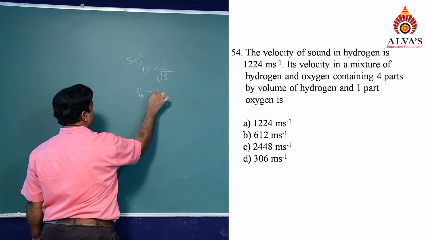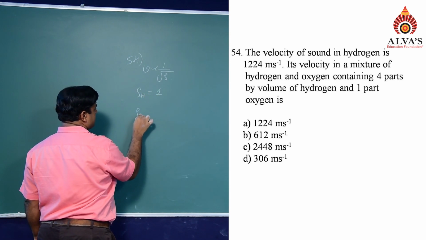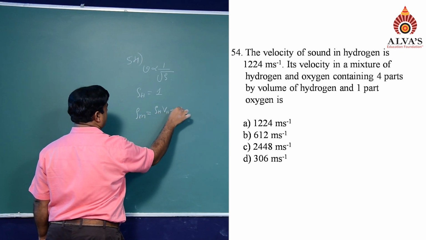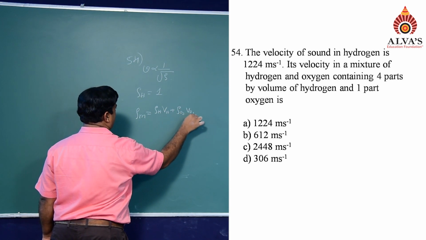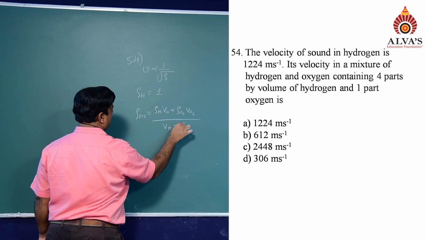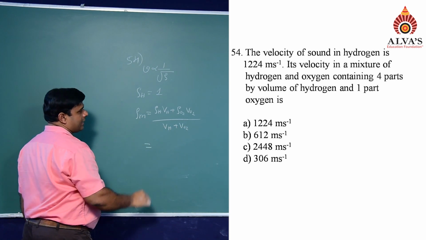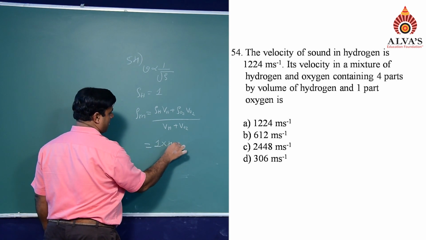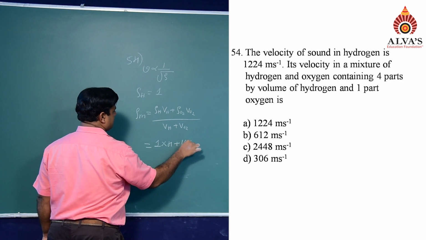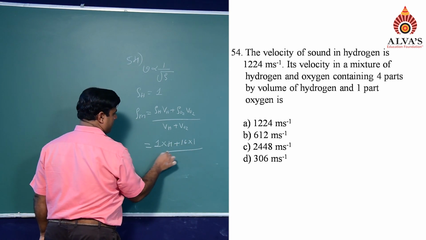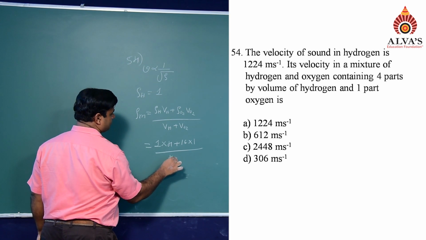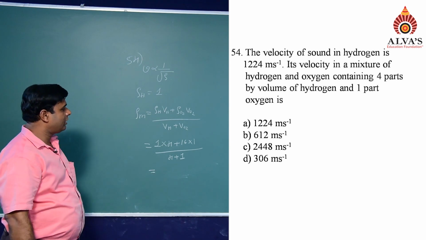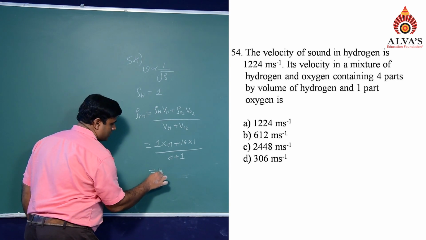Density of hydrogen is known, which is nothing but 1. Density of mixture is given by rho hydrogen V hydrogen plus rho oxygen V oxygen by V hydrogen plus V oxygen. Rho hydrogen is 1, volume of hydrogen is 4 parts. Rho oxygen is 16, volume is nothing but 1 part. V hydrogen 4, V oxygen is nothing but 1, which is 20 divided by 5, which is equal to 4.